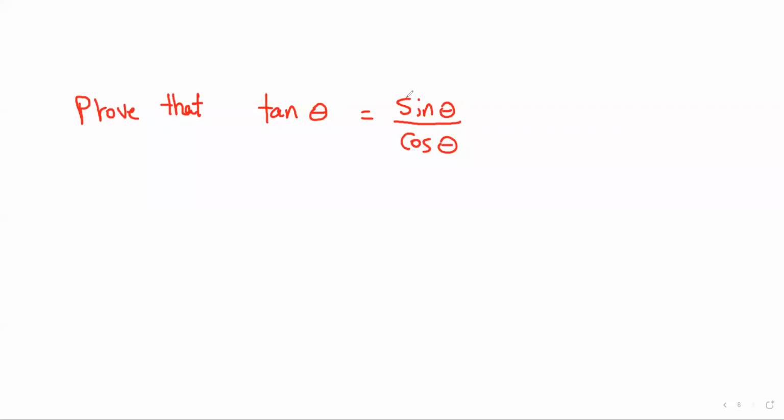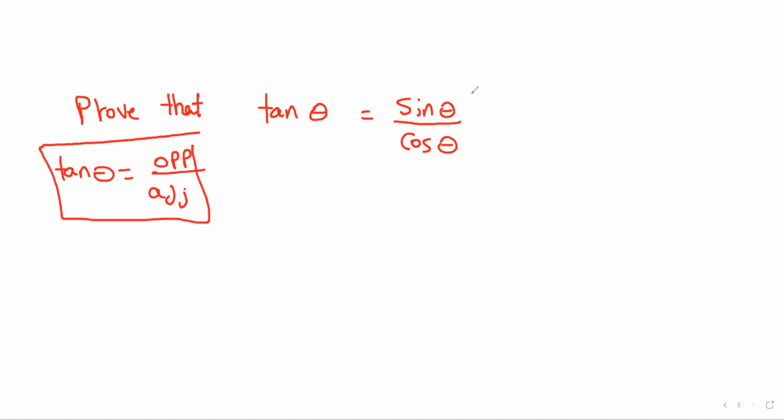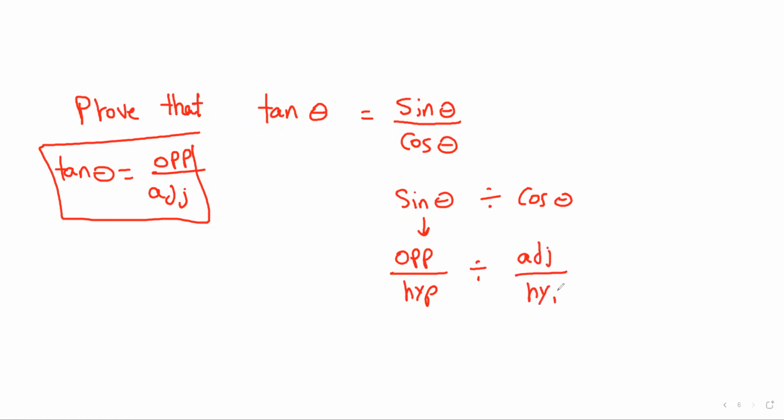Prove that tan theta equals sine theta over cosine theta. We are talking in general. Tan theta in general equals opposite over adjacent. And sine theta divided by cosine theta: sine equals opposite over hypotenuse, divided by cosine equals adjacent over hypotenuse.